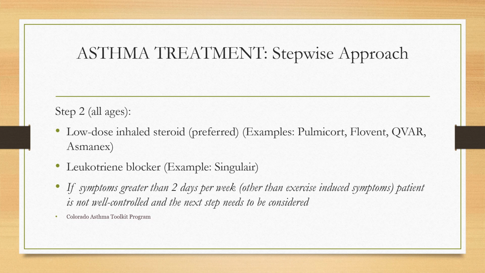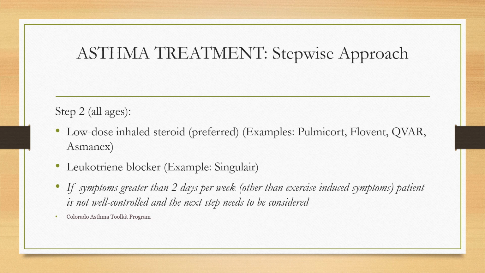As mentioned in the previous slide, you have a flare-up, and so at this point, when you have symptoms greater than 2 times a week, maybe you have to introduce a low-dose inhaled corticosteroid, such as Pulmicort, Flovent, Qvar, etc. You also may want to introduce a leukotriene blocker, such as Singulair.